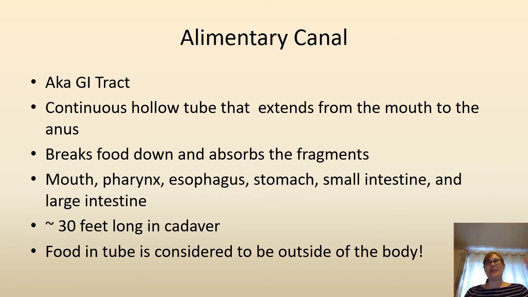In general, the things that are being secreted into the digestive system are known as exocrine secretions. Remember, endocrine secretions go into the bloodstream, and exocrine means they're going anywhere but the bloodstream. Exo means outside.